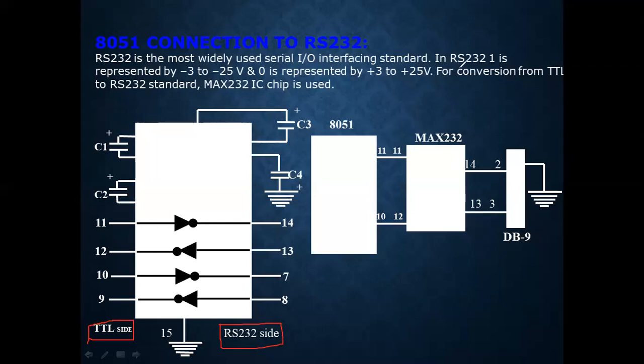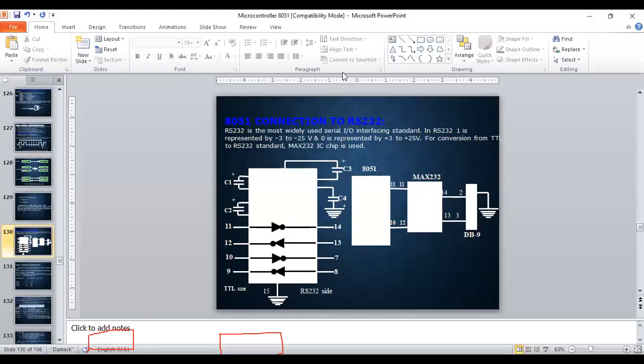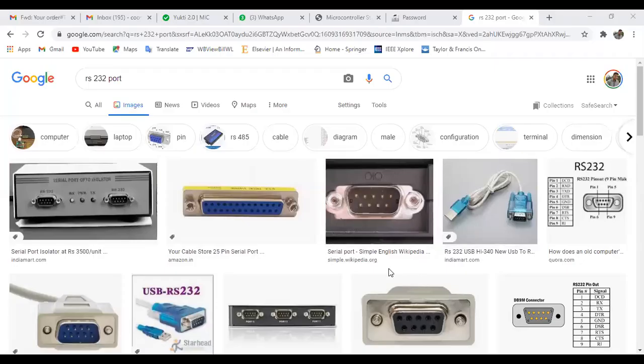If I can find it so that I can share. Yes, sir. Before the HDMI cable, RS-232 was used. Yes, that is right. Let me show you this. Have you seen this kind of ports?